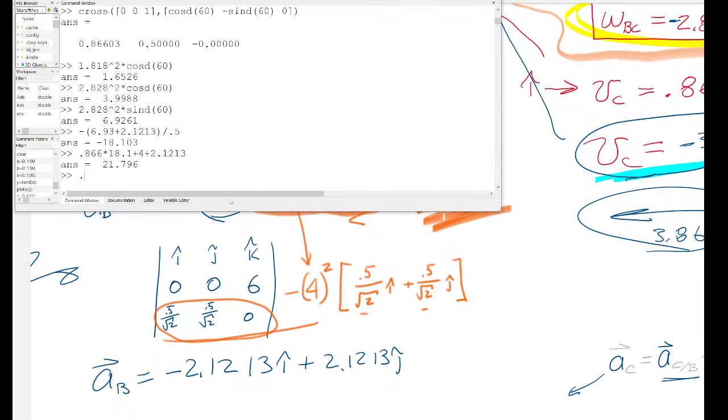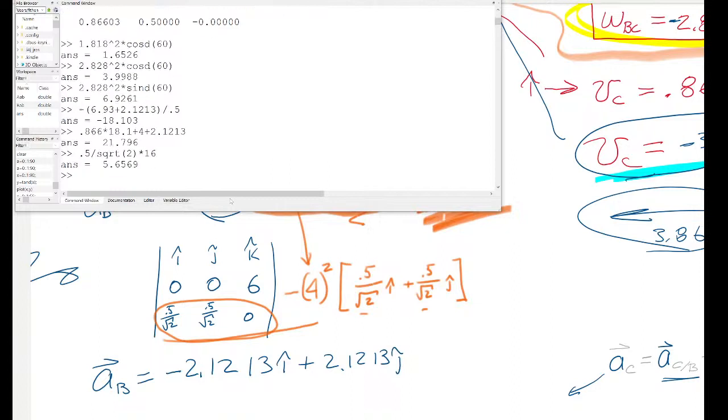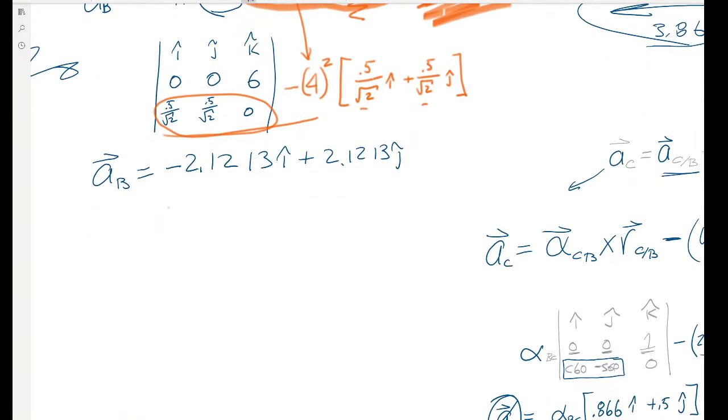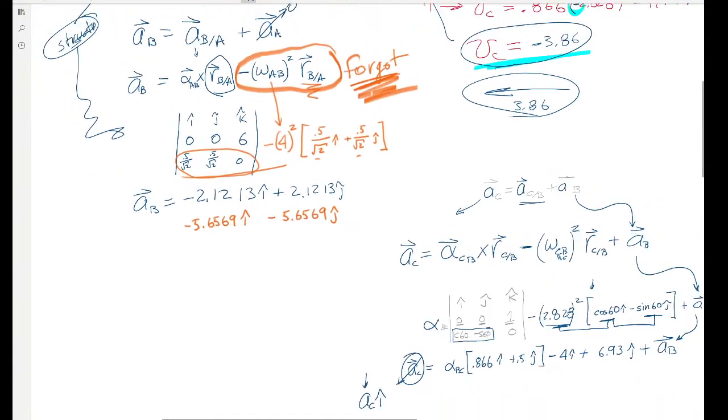And that would be 0.5 divided by square root of 2, and then turn around and multiply that times 4 times 4, which would be 16. And 5.6569. And then minus 5.6569J.